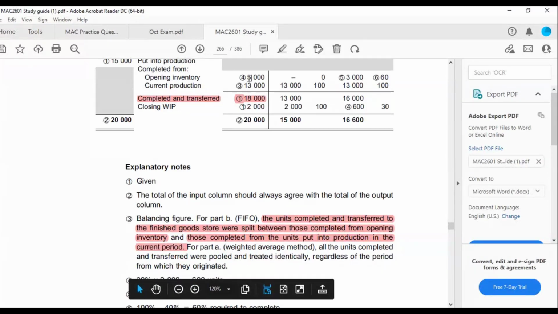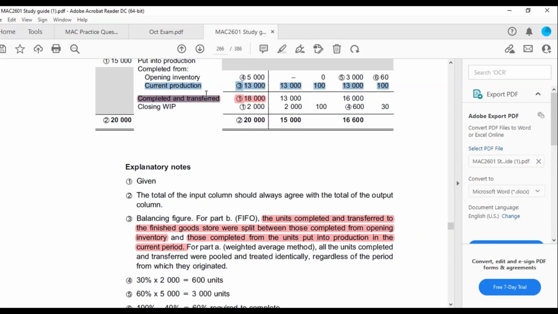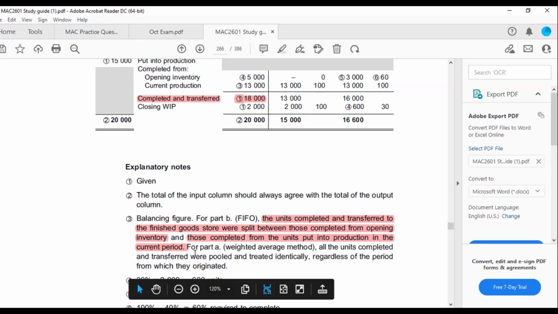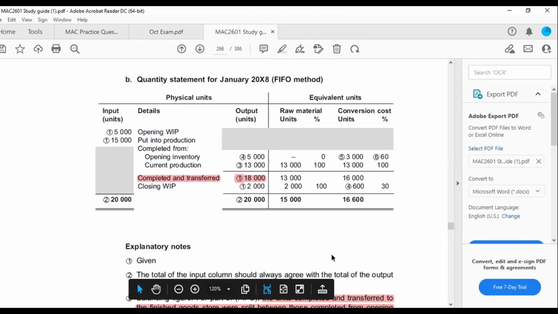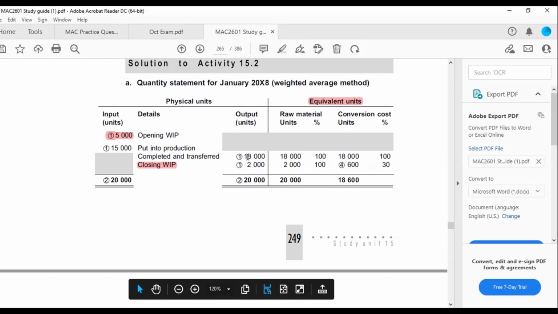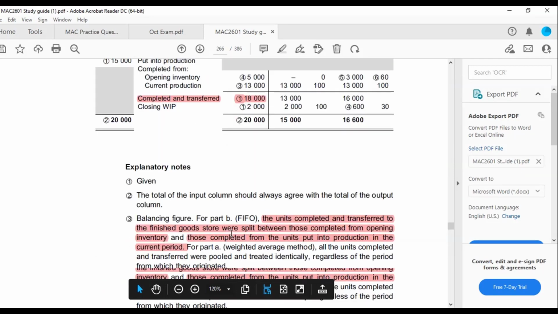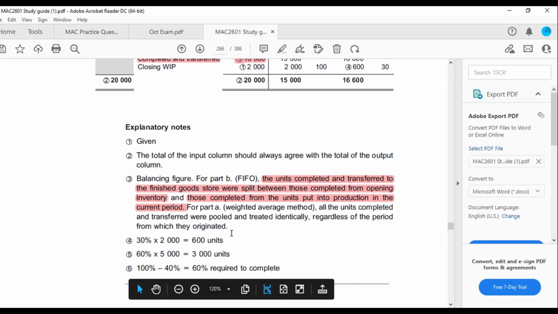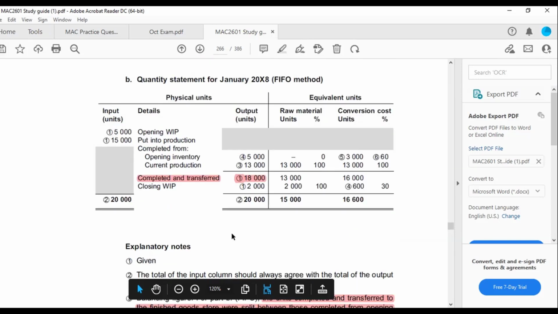So the current production part is the balancing figure. But under weighted average, you guys saw all units were pulled in as it is. It's 18,000. They don't split it, they just pull it in. Not treated differently.